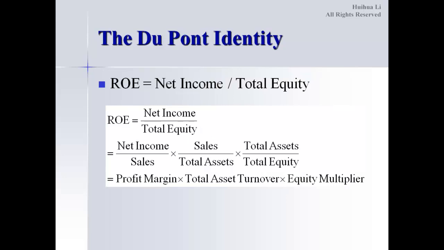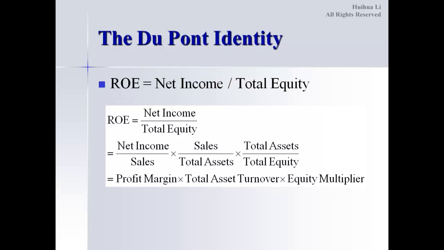DuPont for ROE. ROE is net income divided by total equity. Now we divide by sales and multiply by sales, divide by total assets and multiply by total assets. This gives us the DuPont identity for ROE. ROE is net income divided by sales, times sales divided by total assets, times total assets divided by total equity.